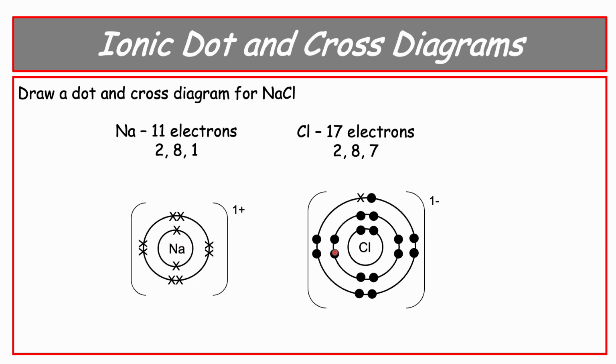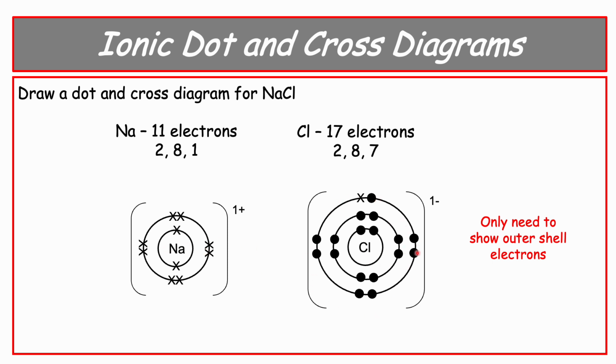So to draw the dot and cross diagram for an ionic bond, all you have to do is draw the ions of 2 atoms. So it's the exact same process, but we're just drawing 2 ions this time. There is a shortcut, so you don't need to draw the full electron configuration because you're having to draw 2 ions.